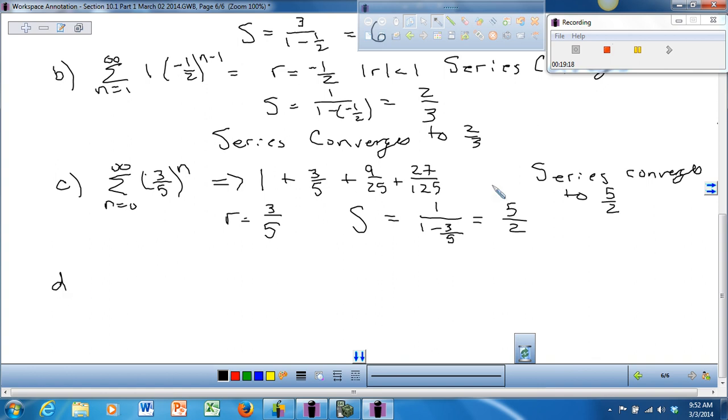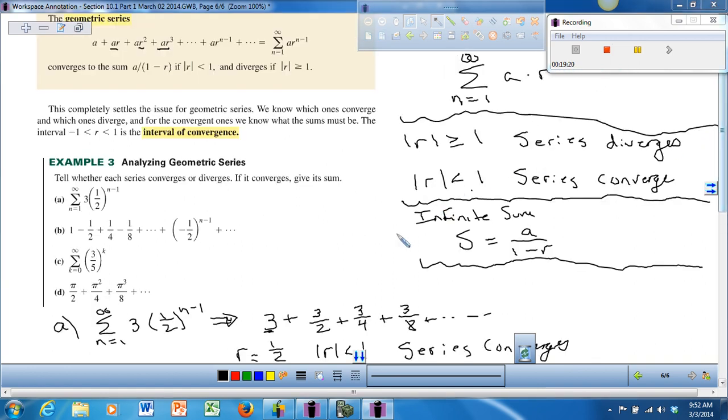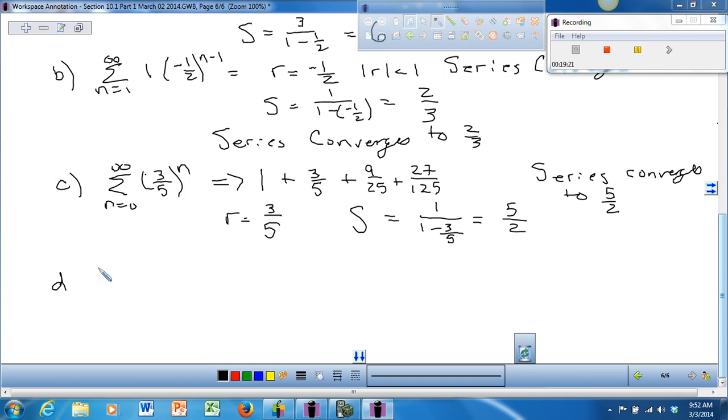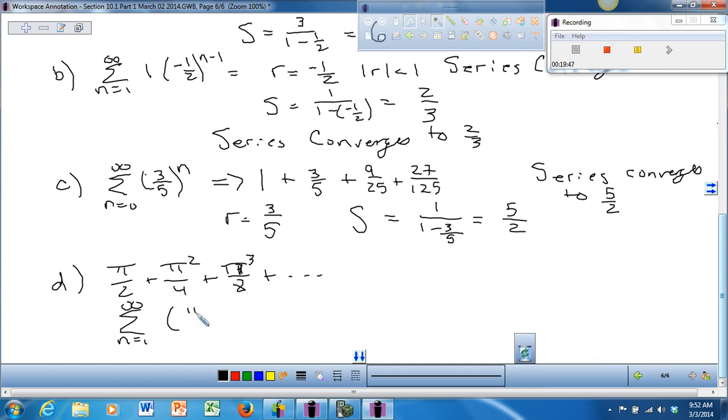All right, the final one, I think they give us term by term. Yep. We have pi/2 plus pi squared over 4 plus pi cubed over 8, and so on. Help me with the sigma notation. n equals 1 to infinity of pi over 2 to the what?